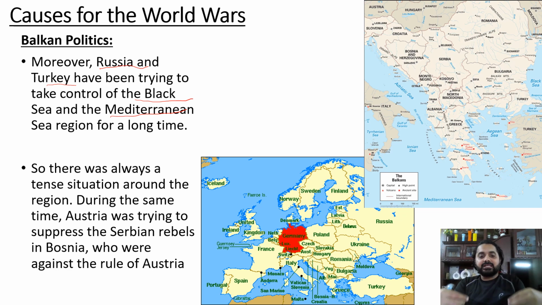So, they were revolting against Austria. In order to suppress the Serbian rebels, there were always struggles happening between Austria and Serbia. All these situations created tensions among different countries. All these were happening around the Balkan Peninsula, which created a lot of tension in the region.